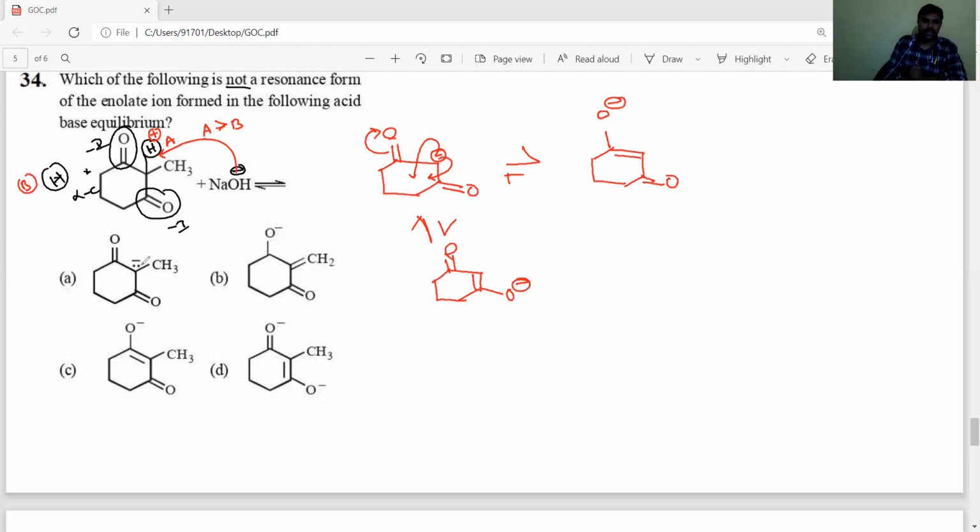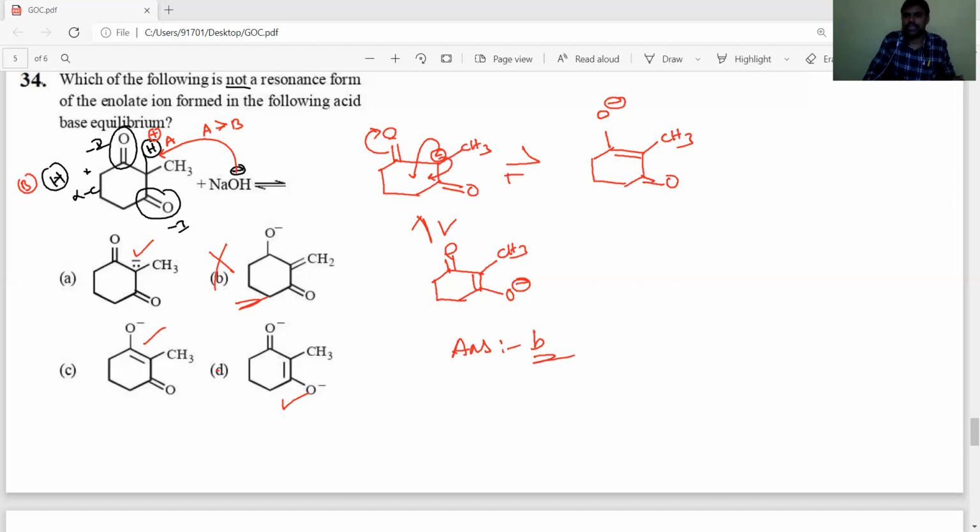O minus is present, this is also present, and sorry, here the methyl group CH3 is also present. So this one is not present. So the answer is B, which is not the resonance form. B option is correct. Okay.